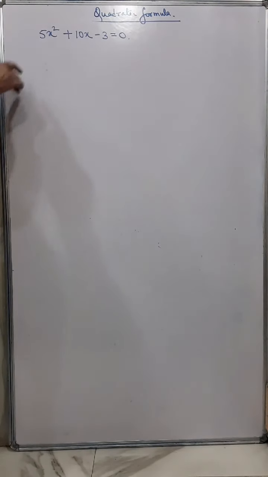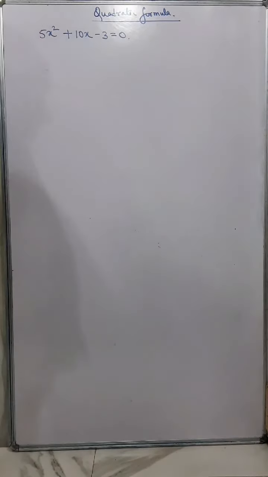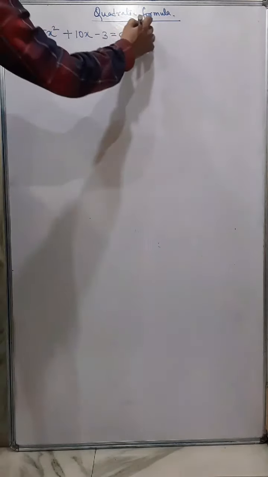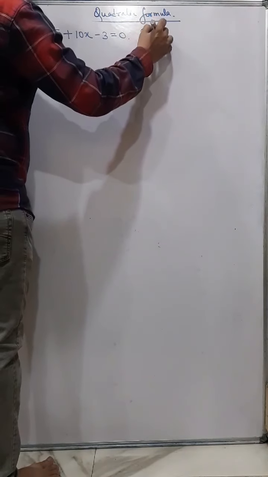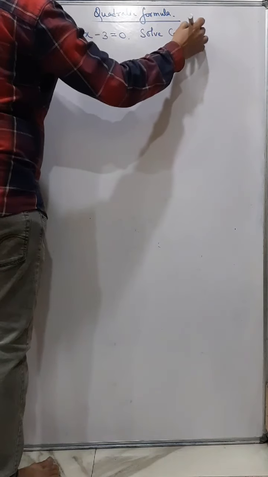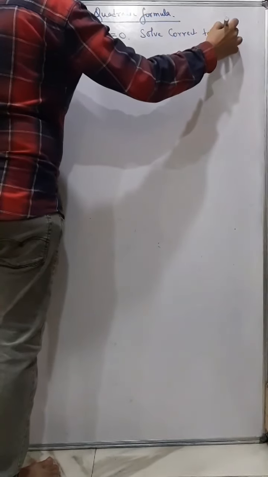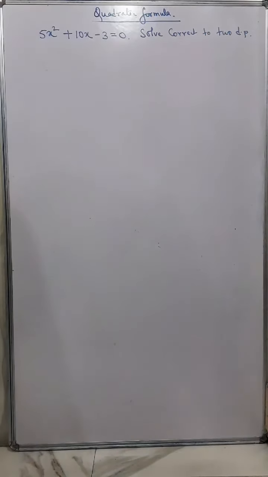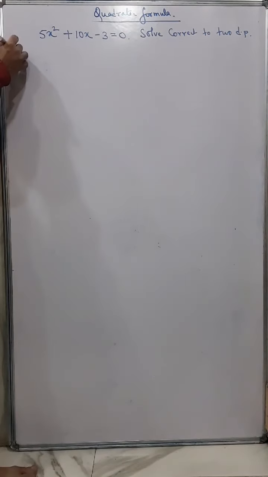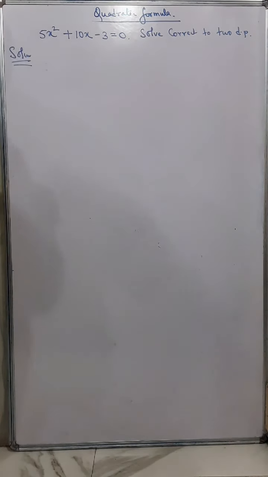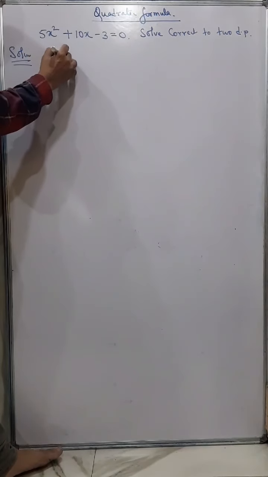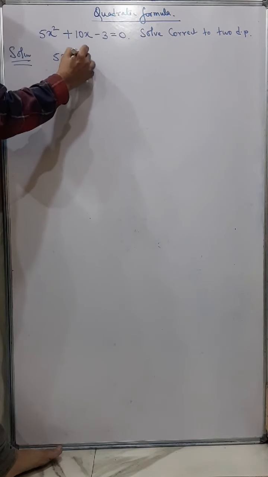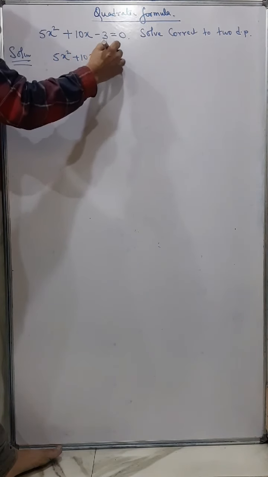Okay, now see this sum we have to solve, and they say solve correct to 2 decimal places. While solving, the first thing we have to write, suppose 5x square plus 10x minus 3 equals 0.